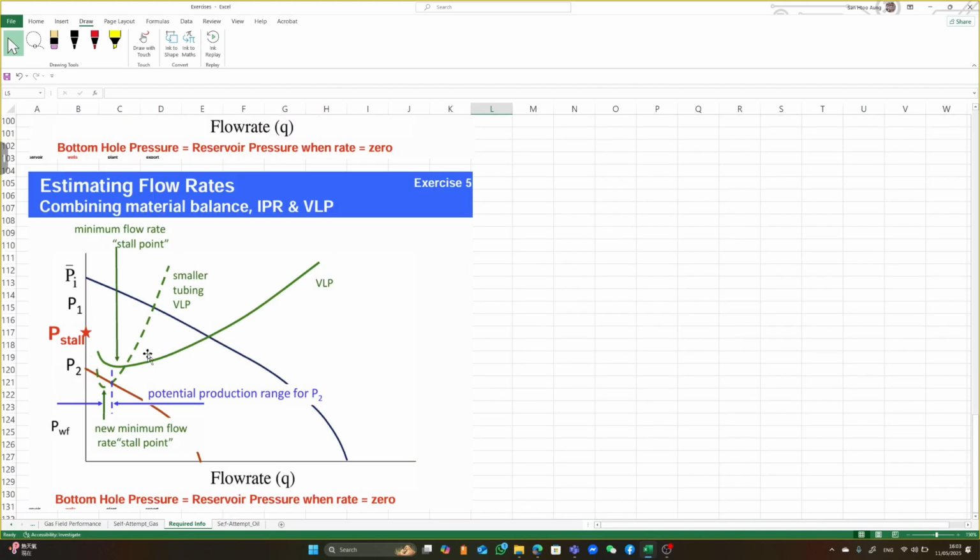Okay, so let's say this point over here is where we get the stall and the minimum production, right? And if we use a smaller tubing vertical lift performance, that means changing this curve into a much smaller one, we get the new production profile, which is the new minimum flow rate at the stall point and the new maximum flow rate at the stall point.